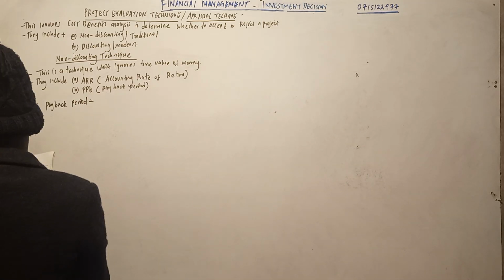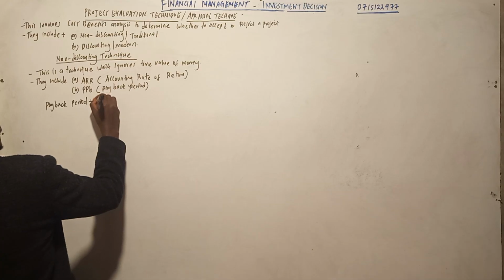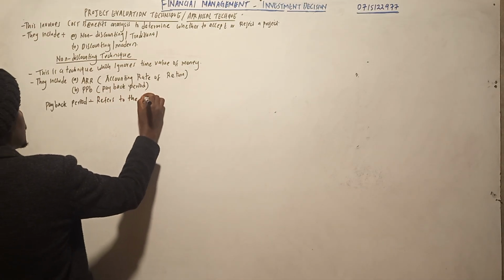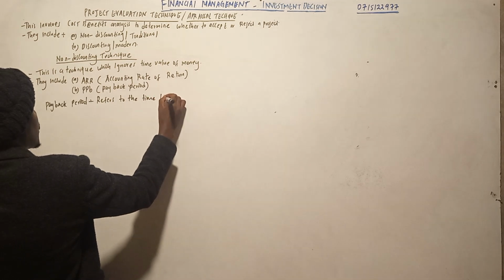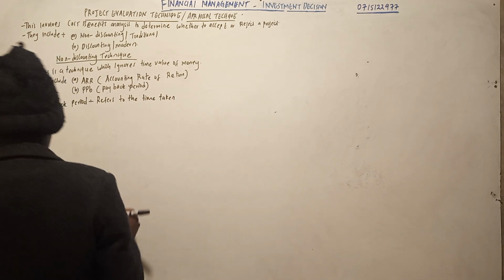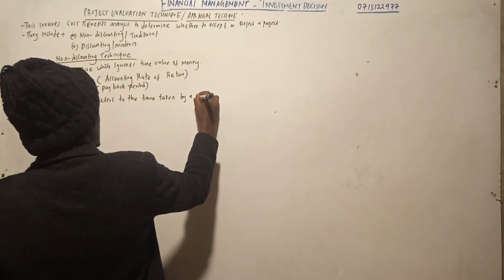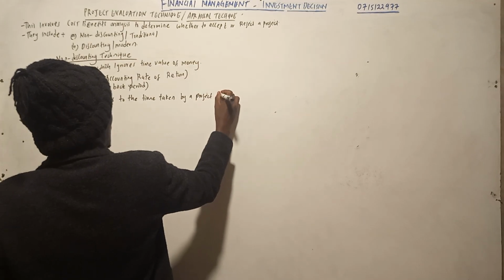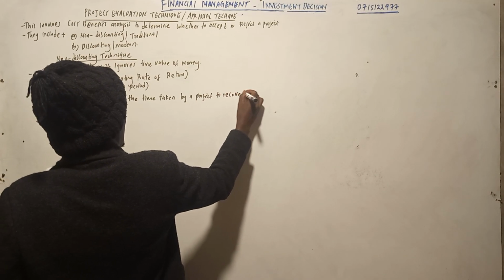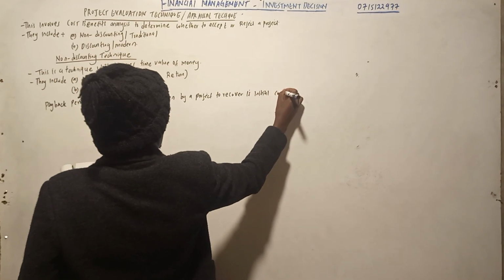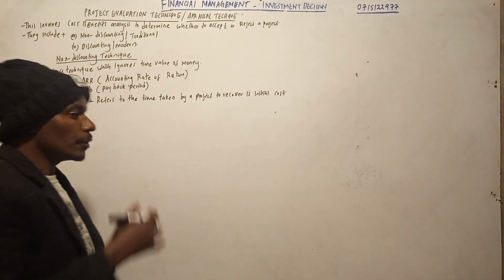So the time taken by a project to recover its cost is what we call the payback period. We are at part B now. Payback period refers to the time taken by a project to recover its initial cost, or its initial outlay.